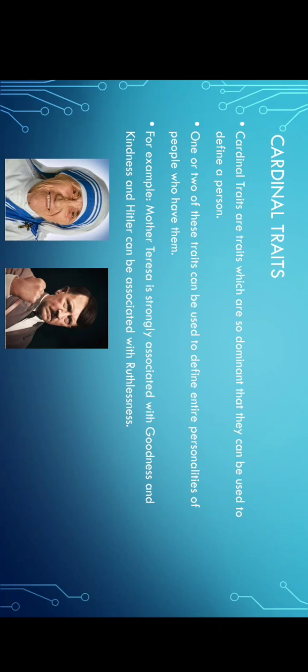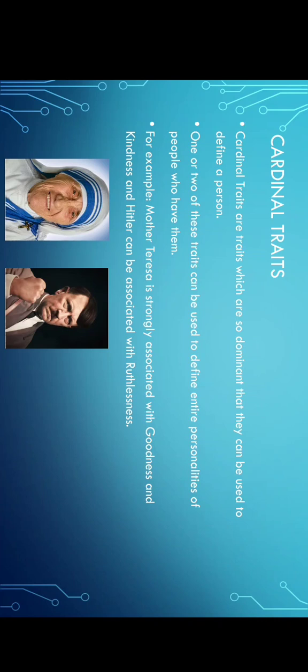These cardinal traits are rare and cannot be found in many people. When a cardinal trait is found in a person, one or two of these traits can actually be used to define the entire personality of such people. For example, here we can see Mother Teresa and Hitler.